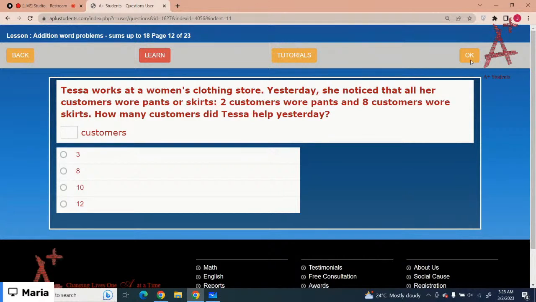Yes, very good. Got it? That means the total customers that Tessa helped yesterday are 10. So the correct option is 10. Just select the correct option and click on the OK button.